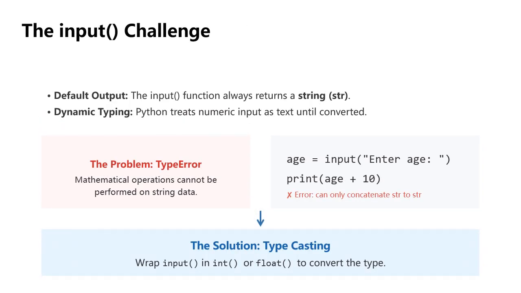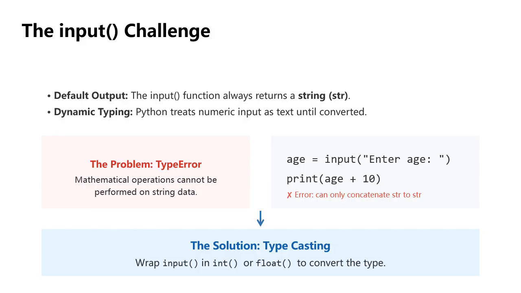Building directly on our discussion about data types, we hit a very common hurdle in Python known as the input challenge. As we just covered, strings and integers are handled differently. A vital rule to remember is that the input function always returns data as a string, no matter what the user actually types in. This creates a problem. In Python, you cannot perform mathematical operations between a string and a number.